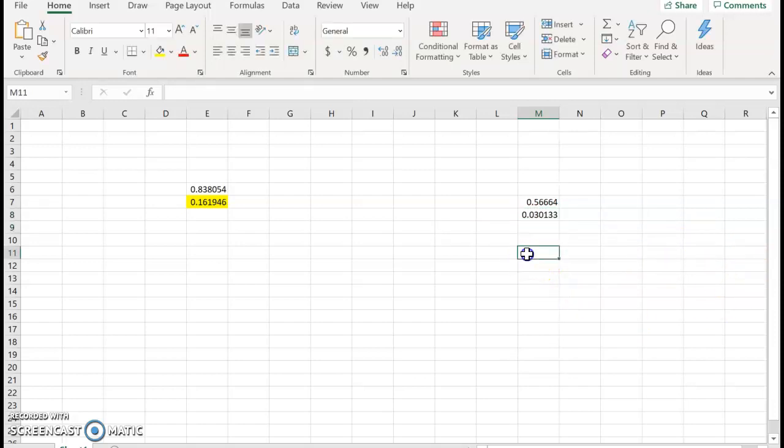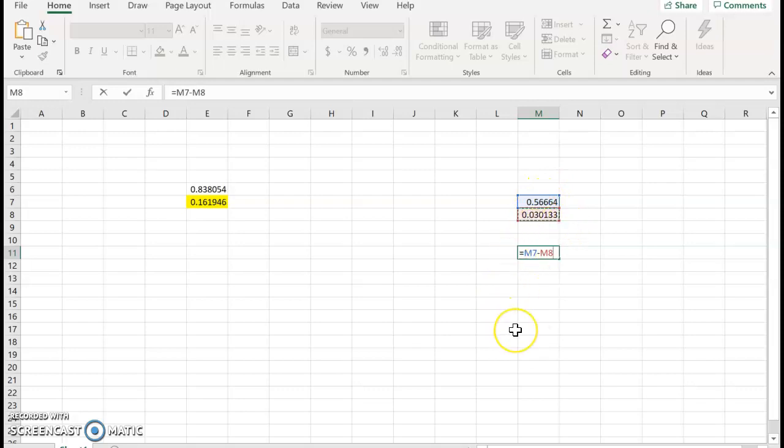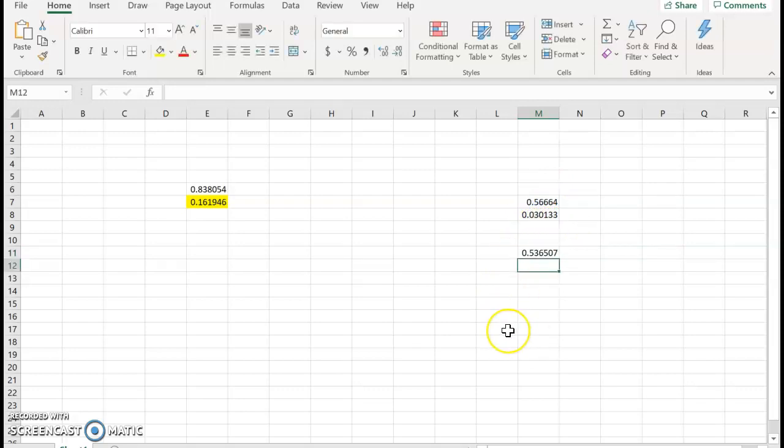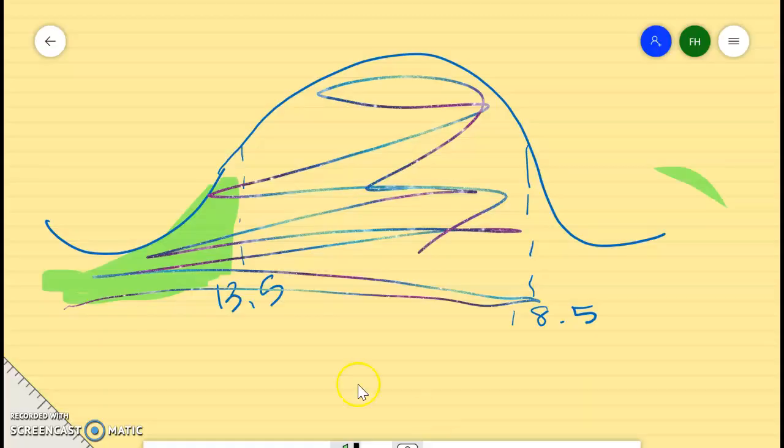So now we're going to take the area up to 18.5, which is this, and subtract out the area below the 13.5 because we don't want to include that. And so we end up getting 0.5365.